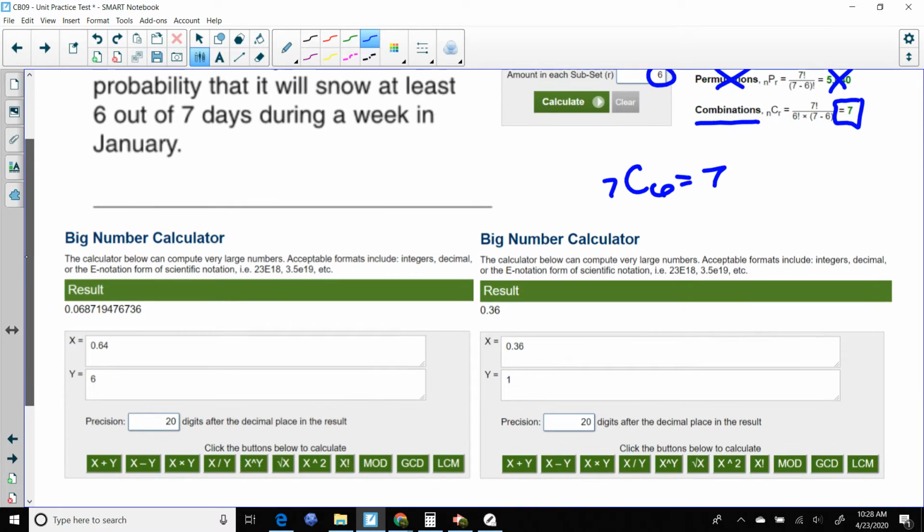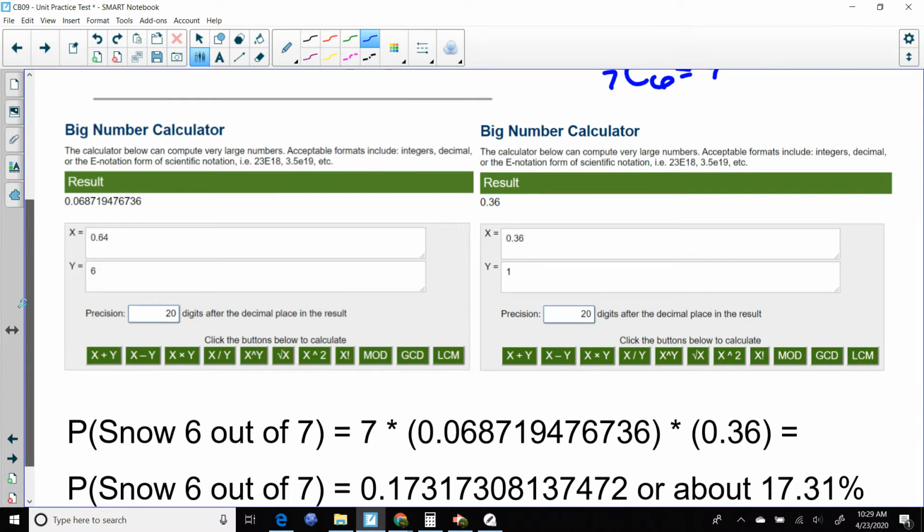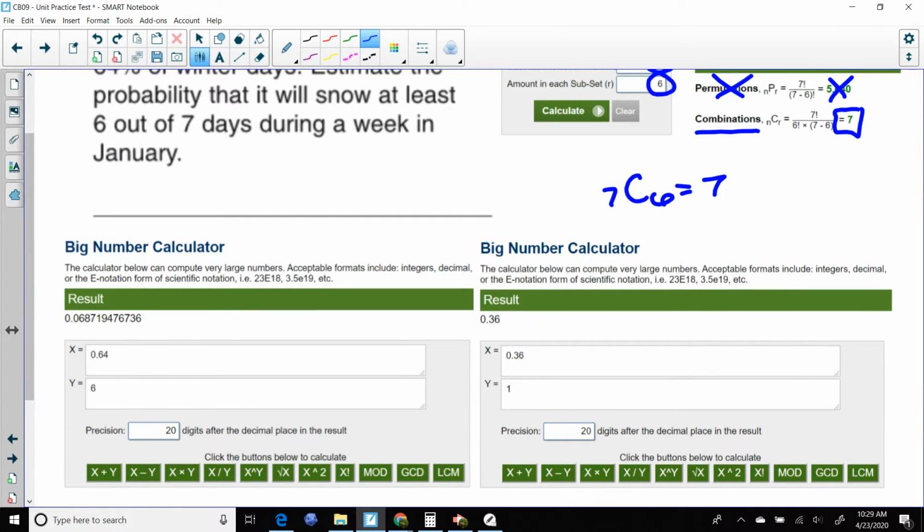If we scroll down, next what we're going to do is calculate the probability for our success. So the success rate was 0.64 to the power of 6. Here I put in 0.64, and I want to put it to the power of 6, so I'll press this power button right here.